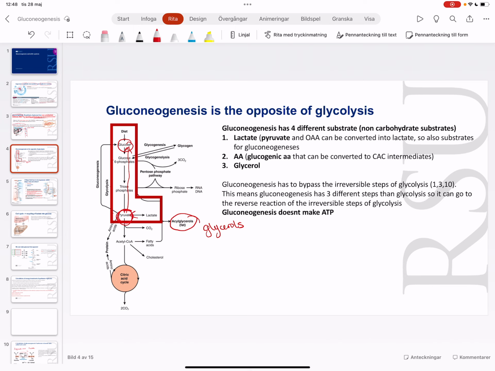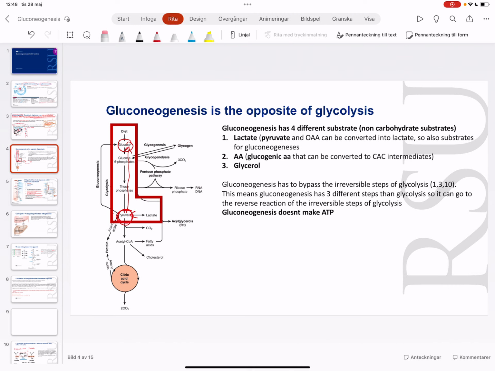I think we will talk about this next semester: fatty acid breakdown will give us glycerol, and glycerols from the fatty acids can go into the gluconeogenesis pathway, and also amino acids.